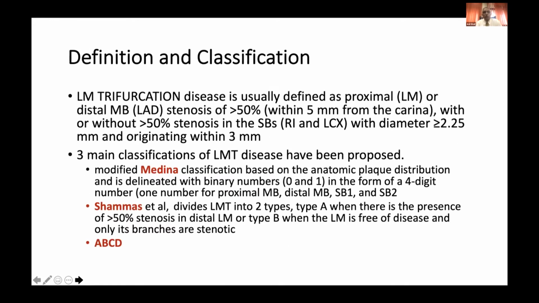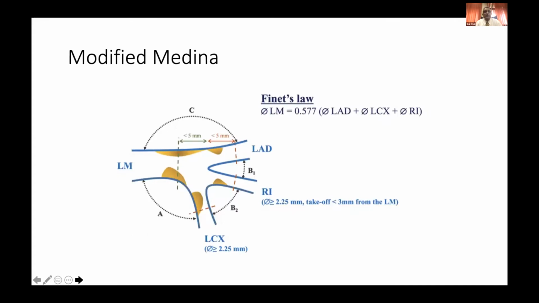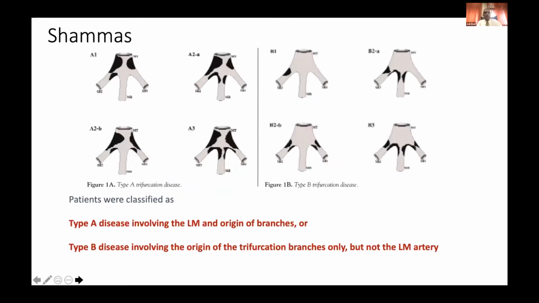There are many definitions, but we can usually define it as involvement of more than 50% within 5 millimeters from carina in these vessels. We have 3 major ways of defining it. As to classifying it, we can use the modified Medina classification. We can use a simple classification by Shamas, which classifies them into type A, type B, which is type B is involving the origin of the branches, but not the left main.